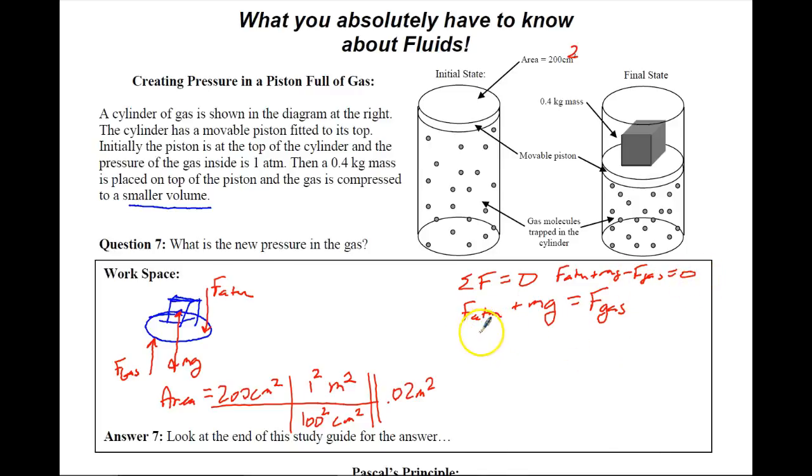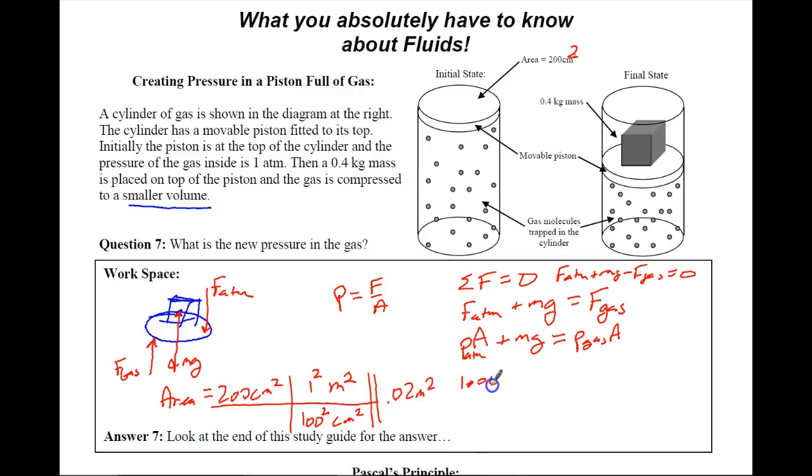The force of the atmosphere, well, they really didn't tell us what it is, but we know that we have the pressure of the atmosphere, and if I take that times the area of the lid, pressure times area is a force, because remember, pressure is equal to force per unit area. So that makes force equal to pressure times area. So that's P times A plus mg, and that's equal to the pressure of the gas times the area that that gas is acting on. So this is the atmospheric pressure, ATM.